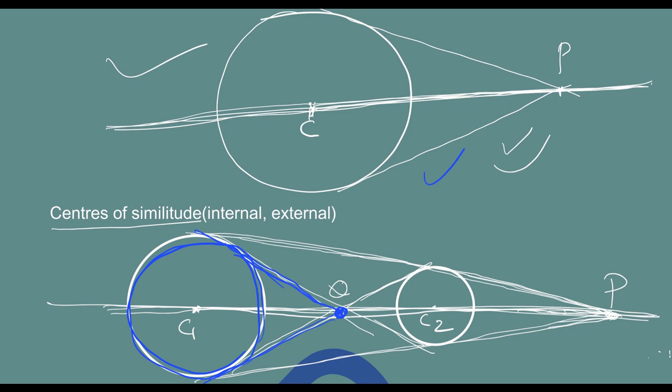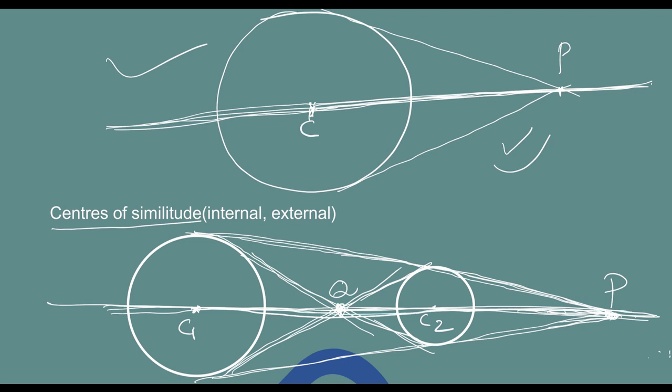Similarly, if I go for this part, again this is also looking like this only, symmetric about QC2. So what I'm trying to say is the entire diagram of circles C1 and C2 is not only symmetric about the line joining the centers C1, C2, but also the points of intersection of direct common tangents and transverse common tangents obviously lie on the line joining the centers.